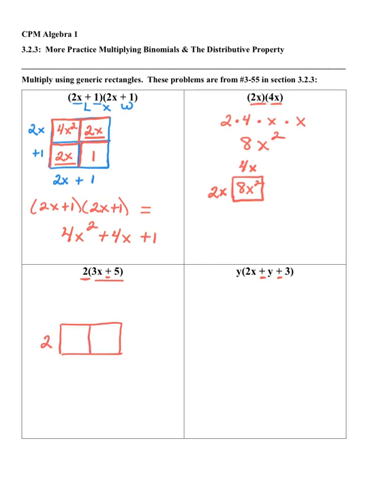One side has a dimension of 2, the other one has a dimension of 3x plus 5. And in this next example, one of the sides of the rectangle is split up into 1, 2, 3 parts. We're going to pause the video right now. I'm going to have you take a minute and try using generic rectangles to multiply out these last two, and then we'll come back together and check your work.